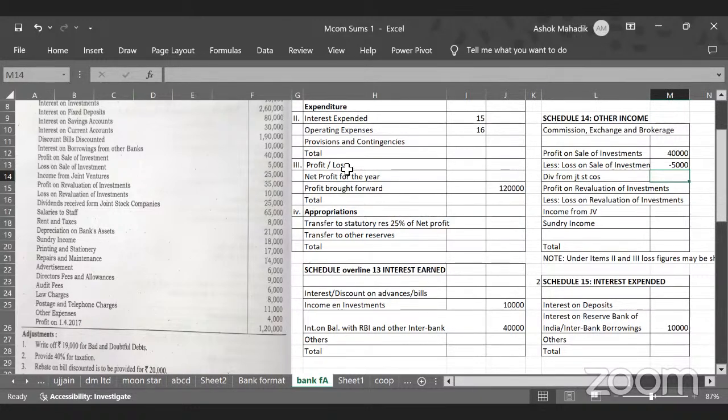Income from joint venture. We just added this item to other incomes. Income from JV. So how much is the income? 25,000. So I'll add 25,000 here. Next, profit on revaluation of investment. How much? 35,000. So profit on revaluation, here 35,000.